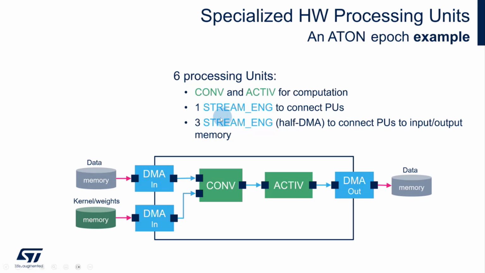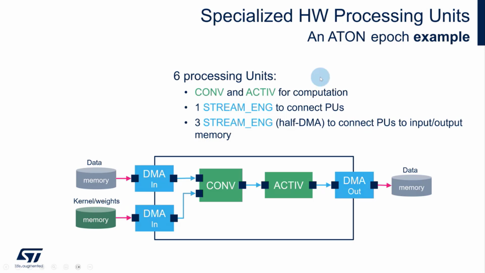And finally, you have another processing unit, also called streaming engine, but to access memory. So with a DMA inside, to read the data from the previous epoch and the input parameter for this given epoch, and to output to the memory.